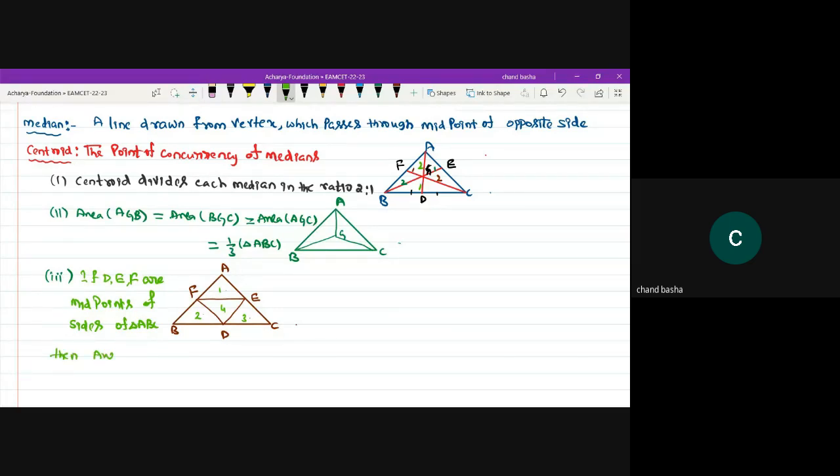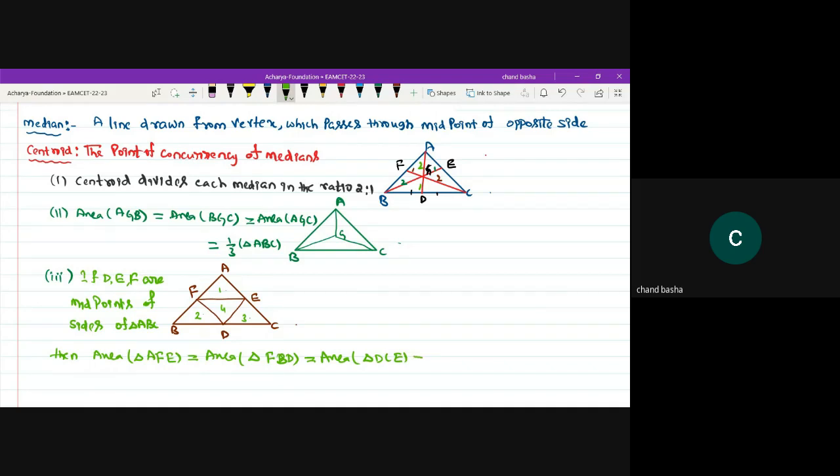Area of the triangle AFE is equal to area of the triangle FBD is equal to area of the triangle DCE.